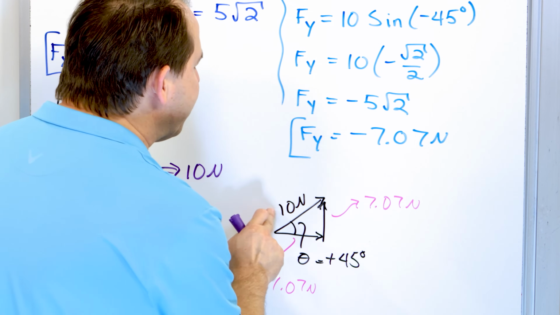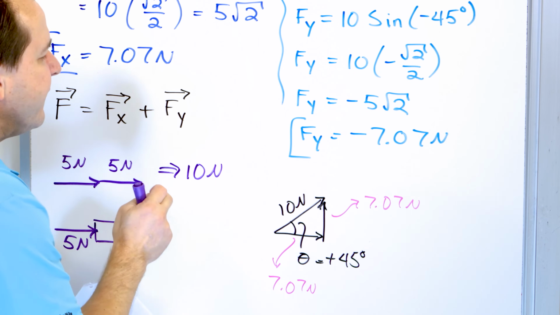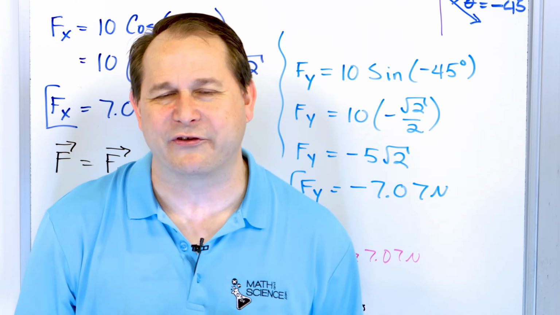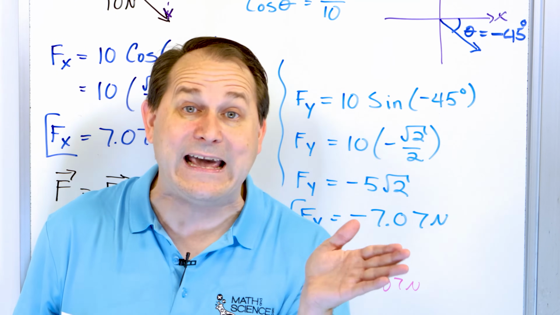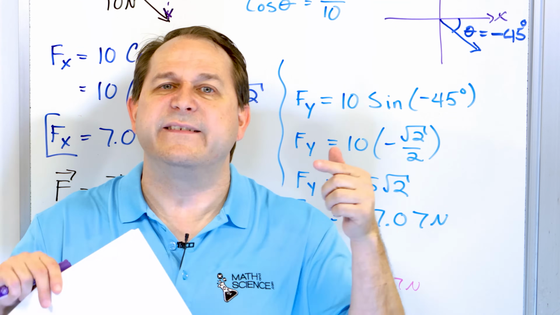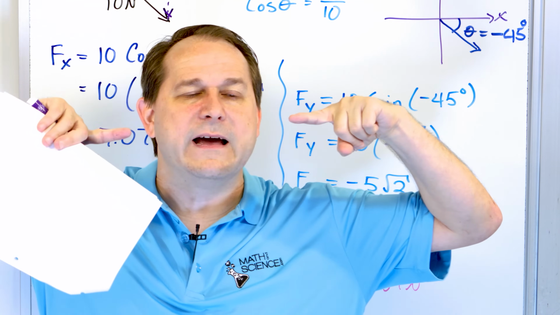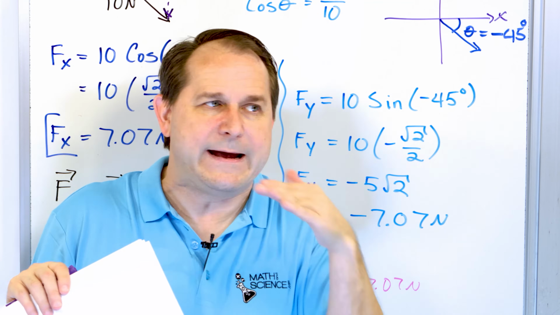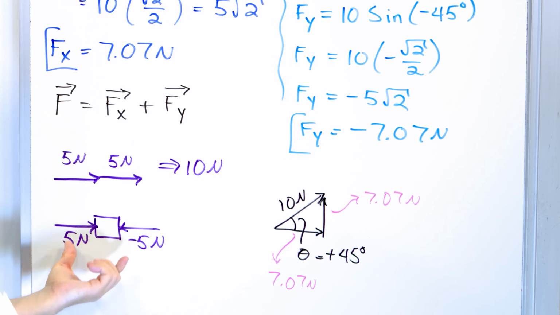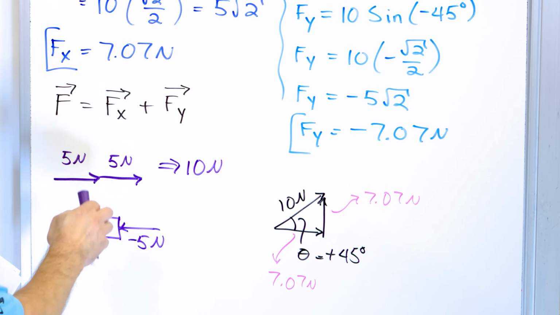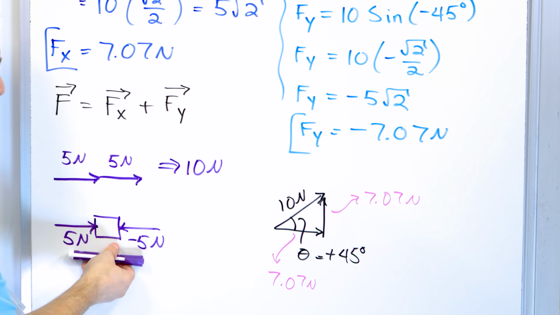The reason it becomes higher than 10 is because you can't just add the numbers like that. You have to add them using trigonometry, taking into account the angles, because these forces are not acting in the same horizontal or vertical direction, right? Clearly, you can add them here and here, but that's only because they're lined up. In fact, here you're adding them, here you're sort of subtracting them.